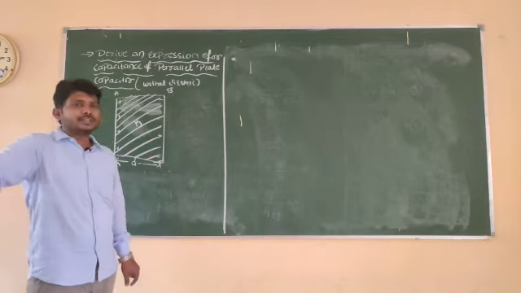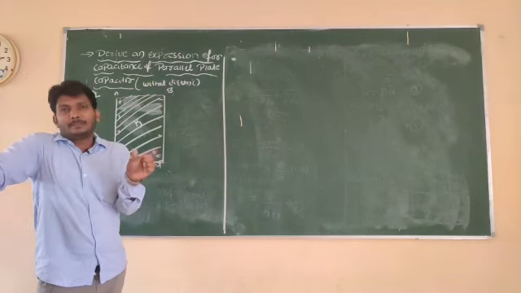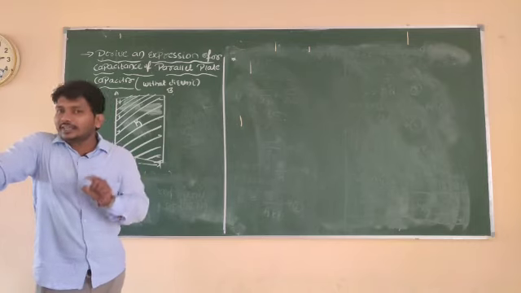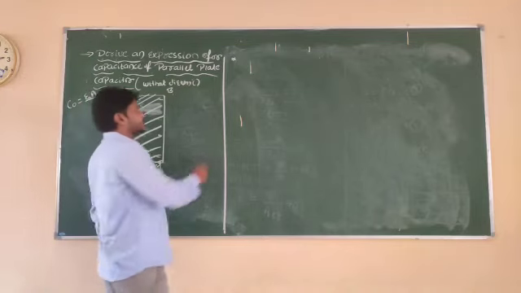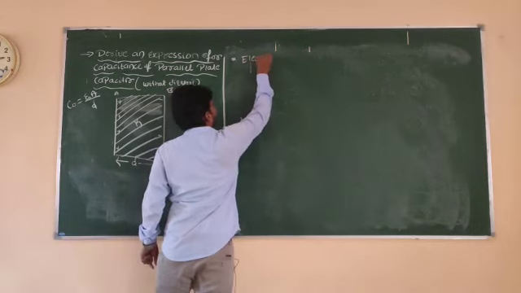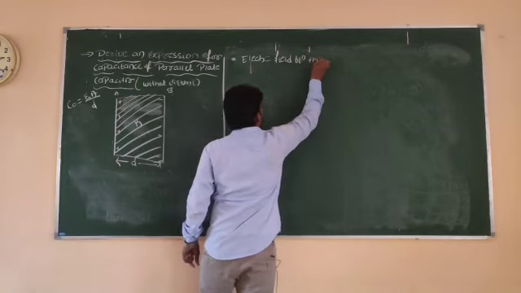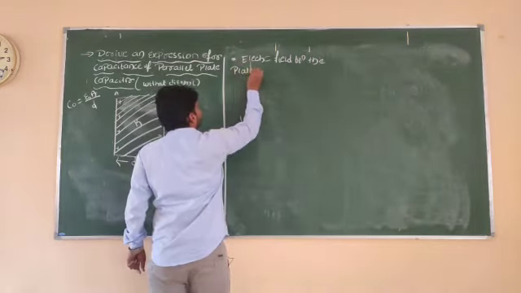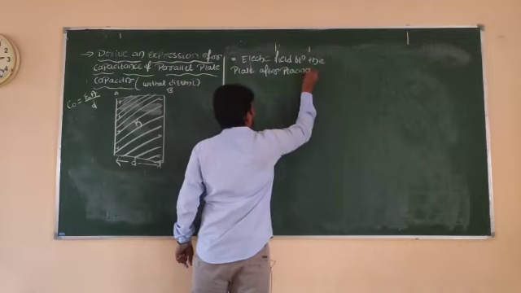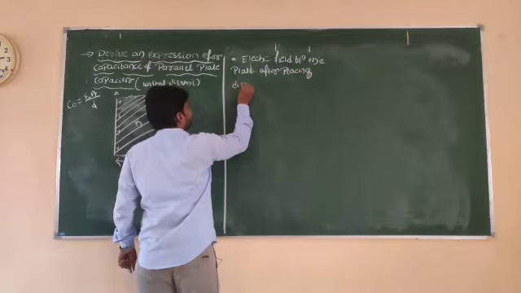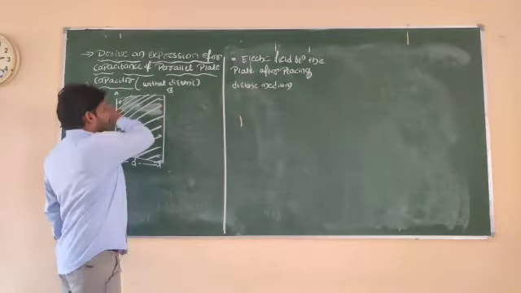Now in this situation, an electric field is present between plate A and plate B. Then what about the electric field value if you place the dielectric medium between the plates? The electric field strength will decrease. So the electric field between the plates after placing the dielectric medium: the initial field is E naught, without dielectrics.